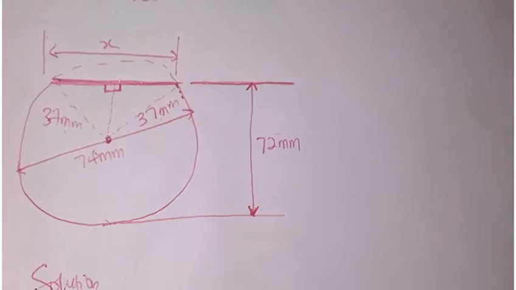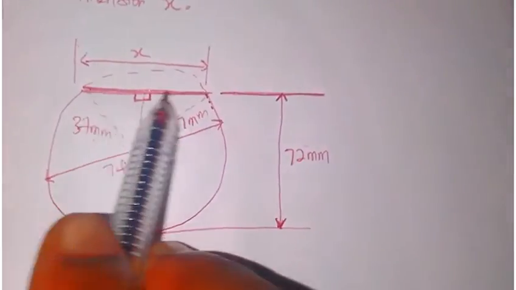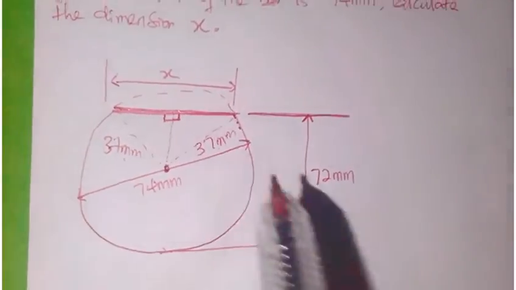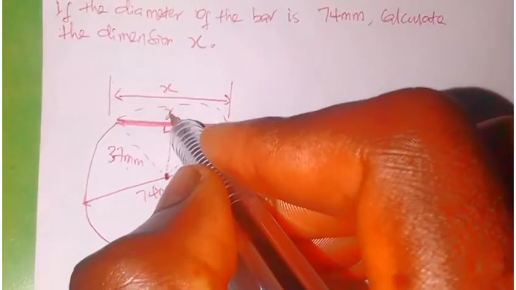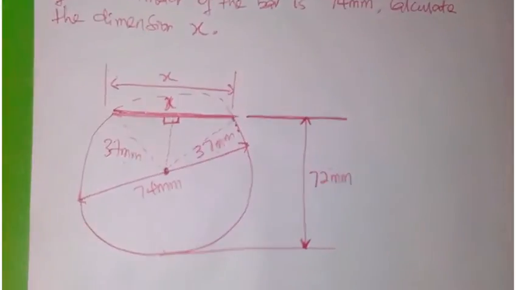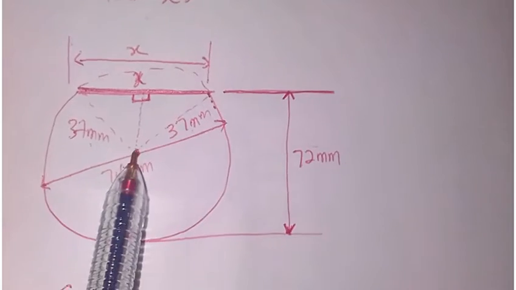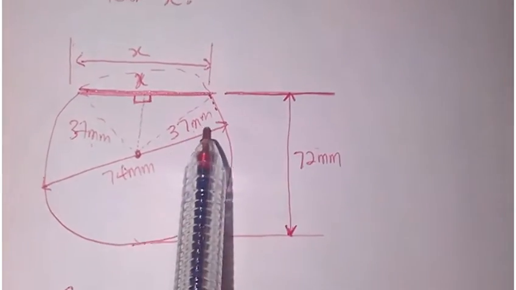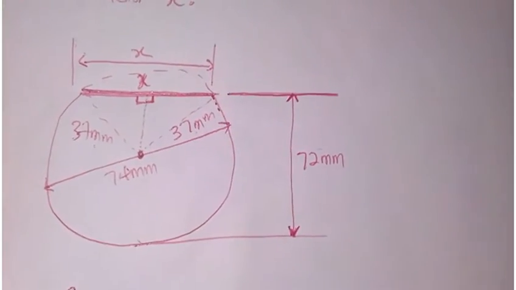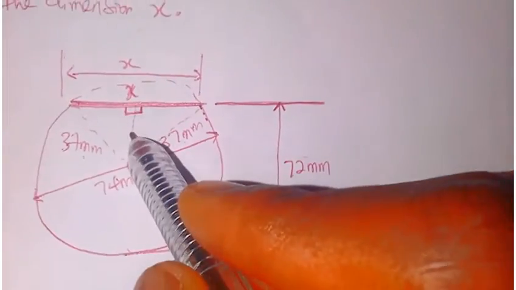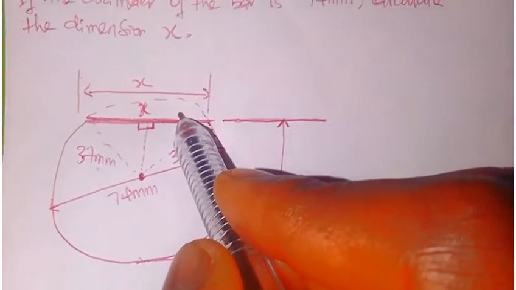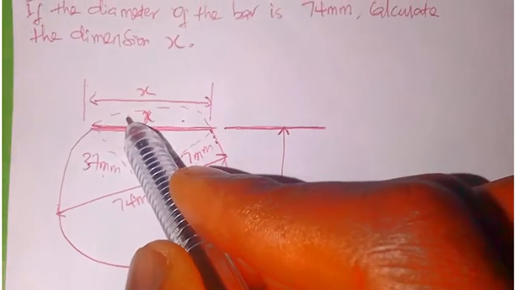Now, I'm looking for this chord x. How will I get it? The best I can do is pull out this triangle, use one of these radii with this height to get this part or this part, because I'll get the same answer.